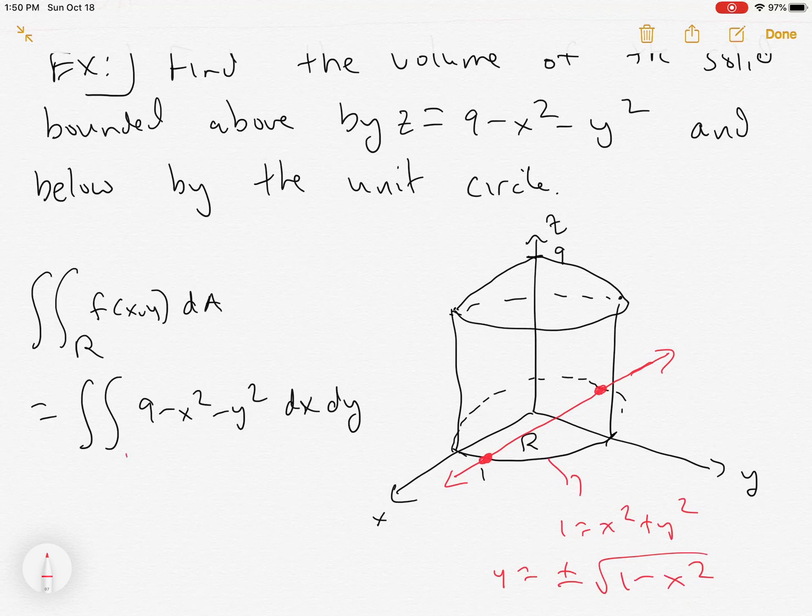So downstairs it's negative square root of 1 minus x squared, and upstairs it's positive square root of 1 minus x squared, and then x goes from minus 1 to 1, right? Okay, I think if you think about this for 1 second, your first move is going to be to integrate with respect to y.